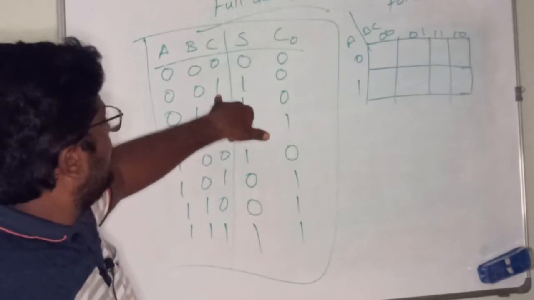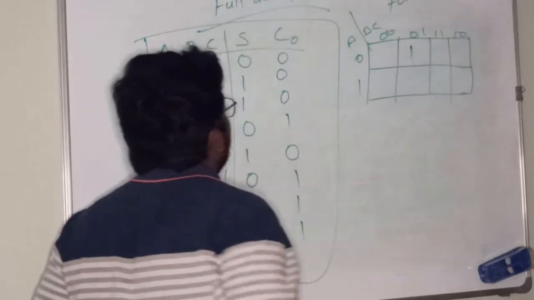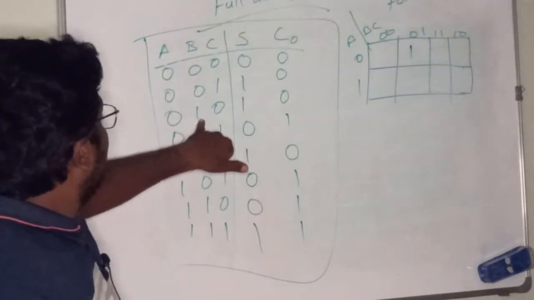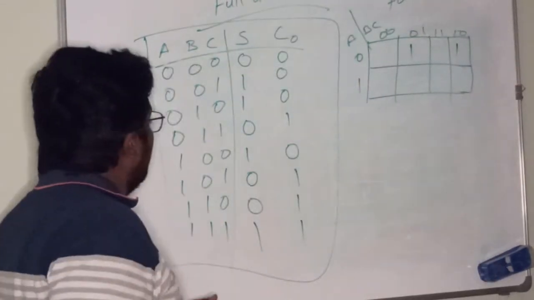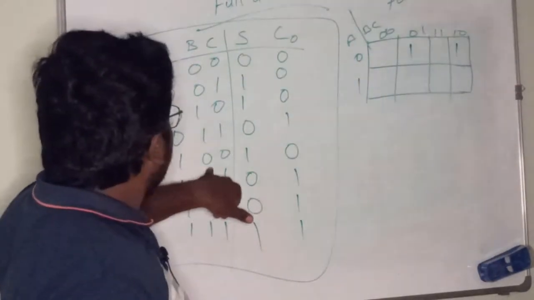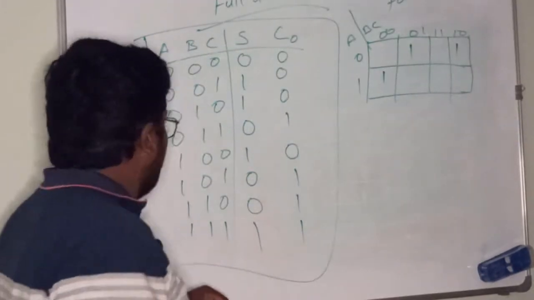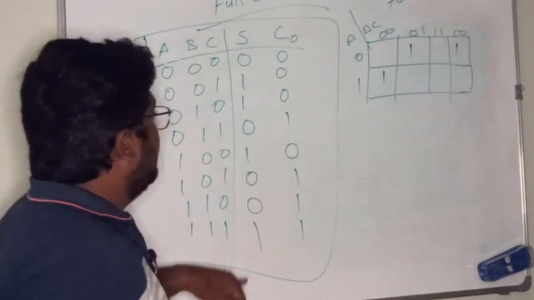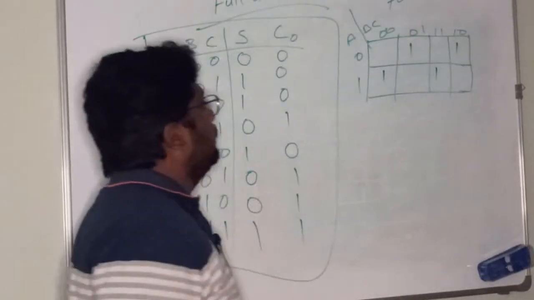When the inputs are 0, 0, 1, sum is 1. When it is 0, 1, 0, sum is 1. And next, when it is 1, 0, 0, sum is 1. And when it is 1, 1, 1, sum is 1.